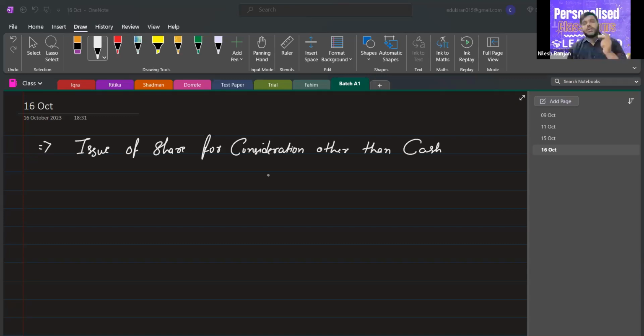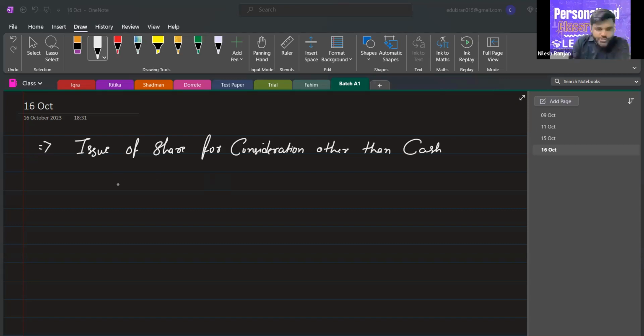First of all, a company can issue its share by two methods, or you can say they can receive money in two forms. The first consideration is cash, and the second consideration is other things that we need, but we are not able to pay the money in cash, so we issue our share to them.